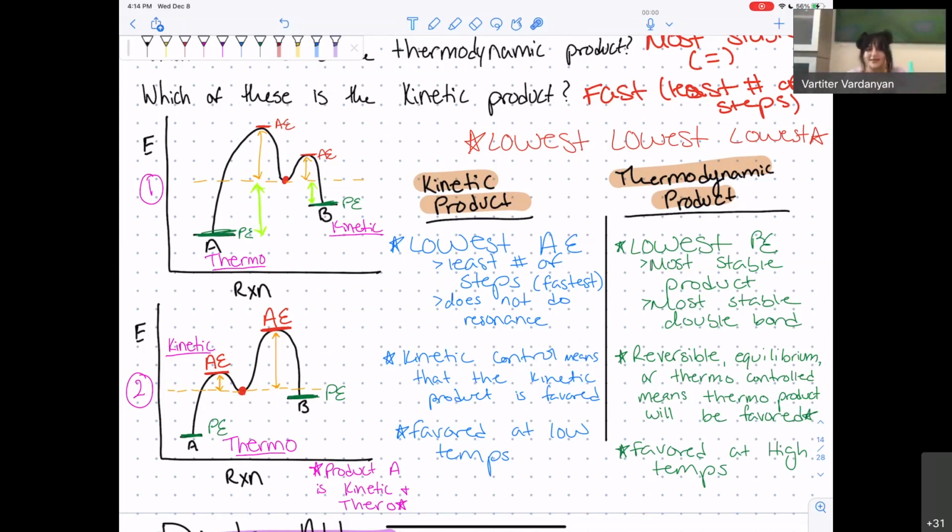The thermodynamic product is not the highest activation energy. The kinetic product is not the highest potential energy. It's only lowest. And Eric is totally right, because they can be the same sometimes. The lowest activation energy and the lowest potential energy can be the same product.